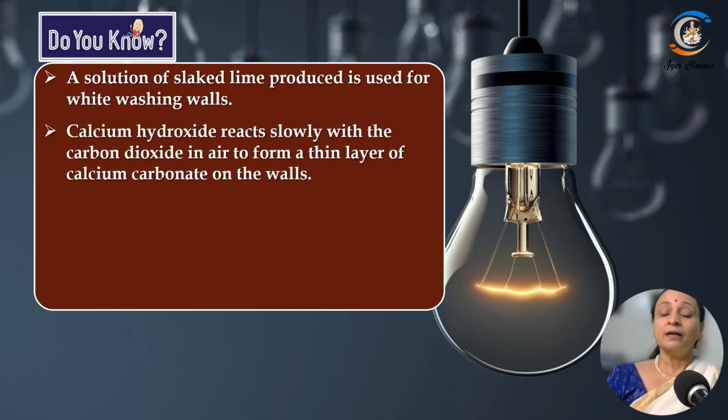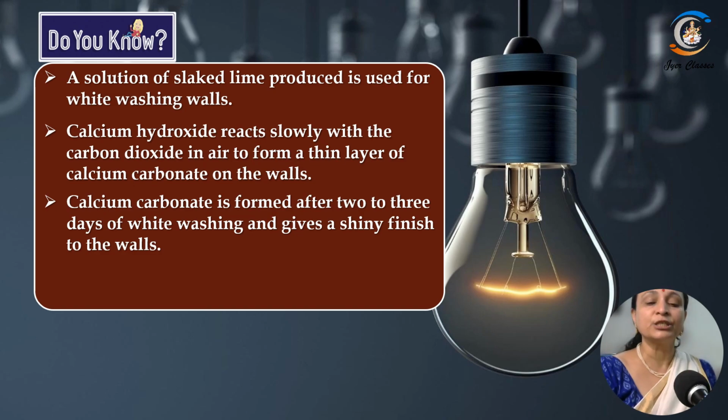What happens is that the calcium hydroxide, once you paint it on the wall, remains there. We apply a thin coat, and after some time, it reacts with atmospheric carbon dioxide and calcium carbonate is formed. The first day when you see the whitewash, it is not that bright. After 2 or 3 days, it brightens up more. So the calcium hydroxide which I've painted on the wall gets converted into calcium carbonate.